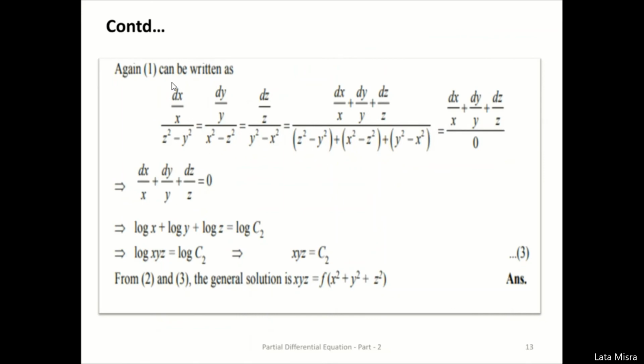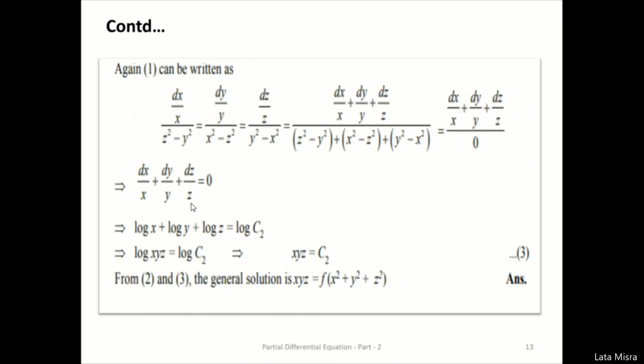Let the other multipliers be 1/x, 1/y, 1/z. We multiply the first term by 1/x, the second term by 1/y, the third term by 1/z, and adding the numerator terms and denominator terms, we get (dx/x + dy/y + dz/z)/0.